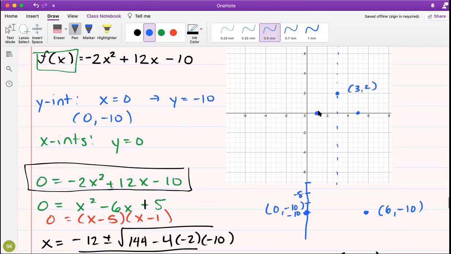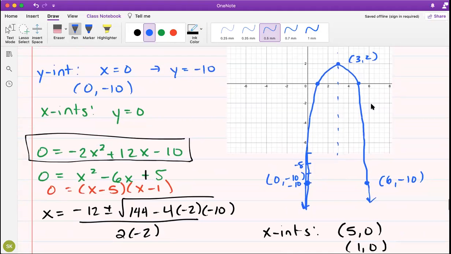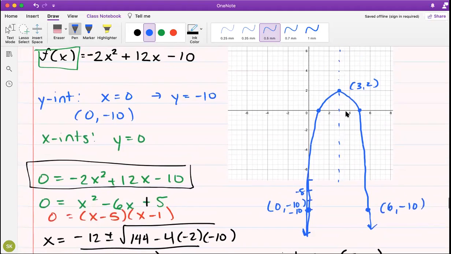So now you can see the graph a little bit better. So let's see if we can sketch this. Right here the slope is very big, and we're going to go through there, then down through here, something like that. So the parabola is shaped sort of like that. And now we've graphed this.